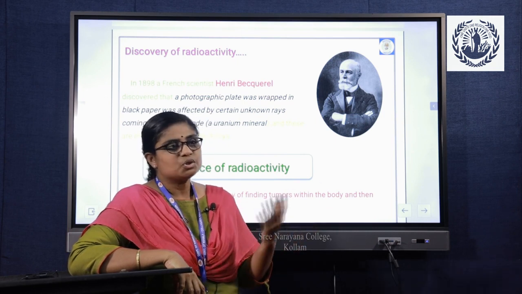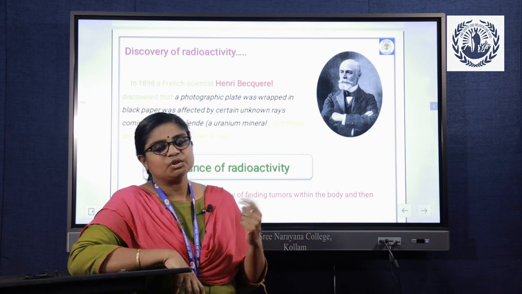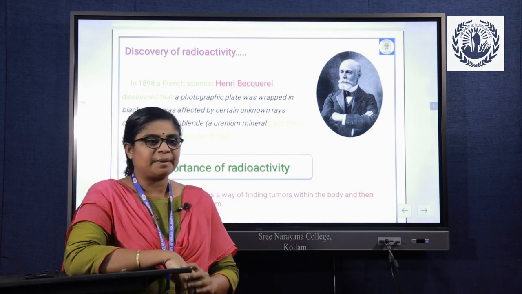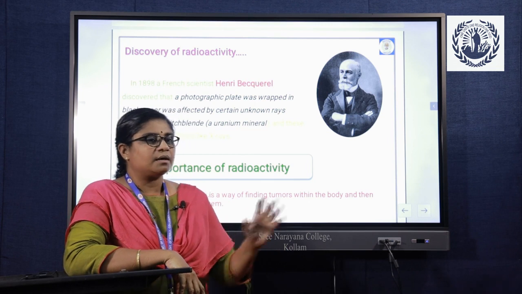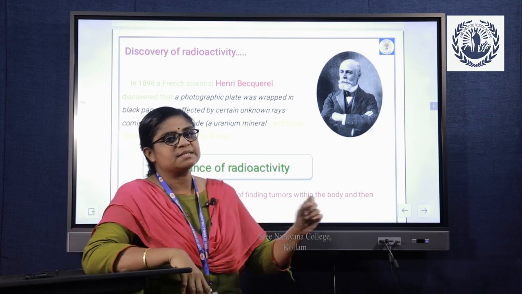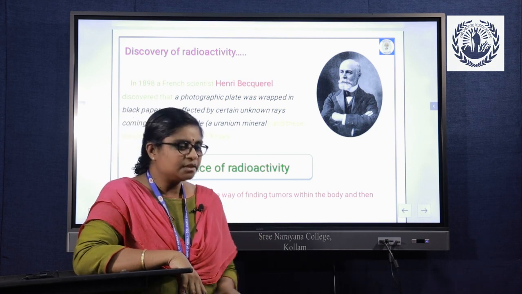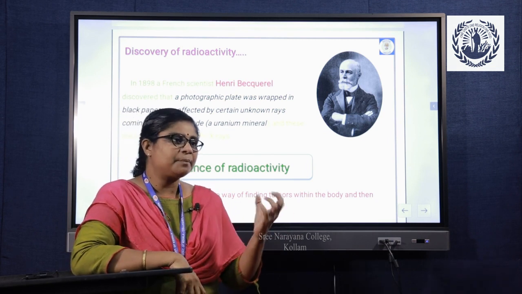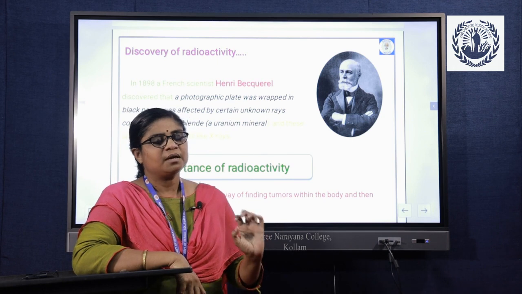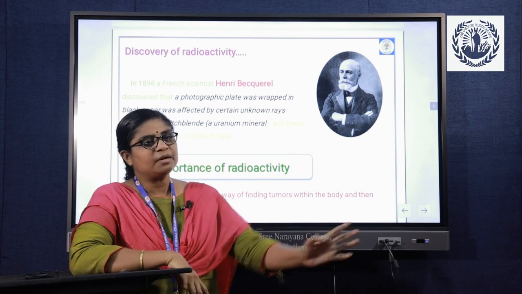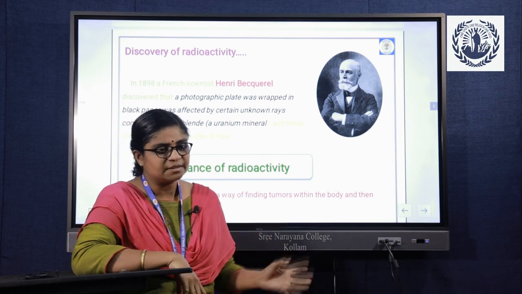Being a scientist, he thought some reaction had happened here. Inside the drawer there was only the radium wrapped in aluminum and black paper, and this photographic film.